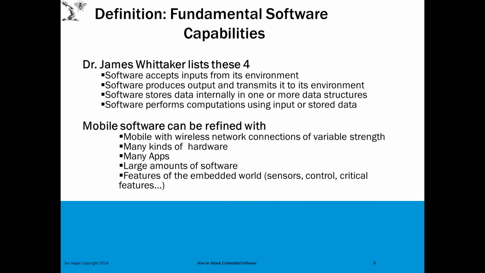So when we're thinking about testing these, we have to start thinking about testing from the security standpoint on these four. I refine that a little bit in the mobile space, where I already mentioned we're connected to various kinds of wireless networks, and we've seen people putting out unsecured Wi-Fi. We've even seen Wi-Fi where somebody's putting it out there to essentially hack you when you're using their Wi-Fi.